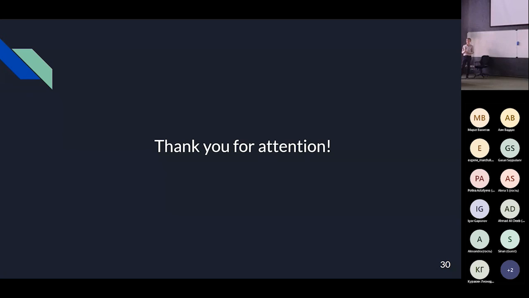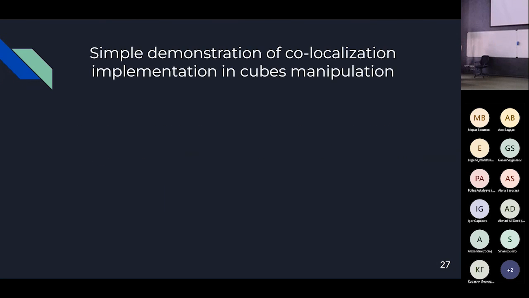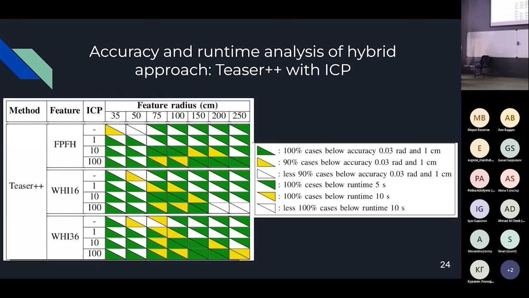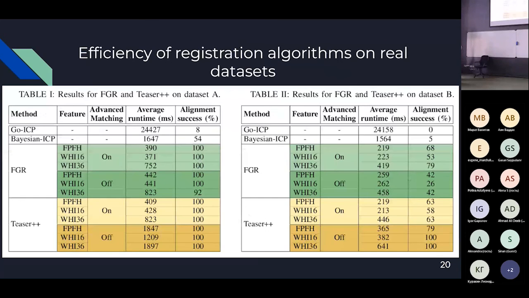If you don't mind, can you open the slide with the time comparison, where you have dataset A, dataset B, with the numbers? I'm not into the topic, but what I see in the table, for both methods, the TEASER++ method with advanced matching off is the best one, because it's the only method which can do 100% alignment success.